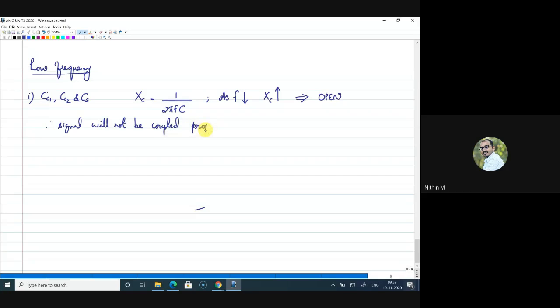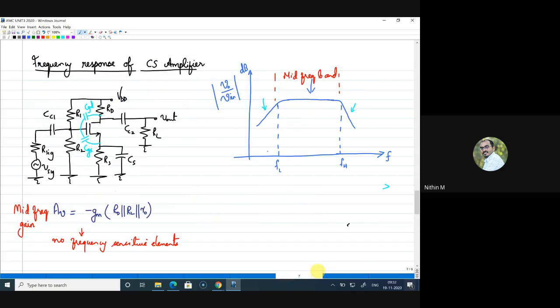So what will be the result of that? If the signal is not coupled properly, definitely the gain also will drop, right? So this will result in a gain reduction. Therefore, gain reduces. So this is the effect we are seeing here in the frequency response plot. At low frequency, since these coupling capacitors and bypass capacitors are offering a huge reactance, the signal is not effectively coupled. If the signal is not coming in, if the signal is not taken from here, gain will automatically reduce.